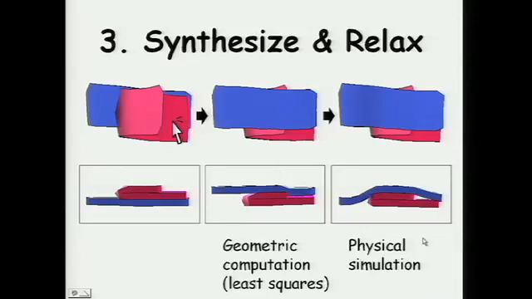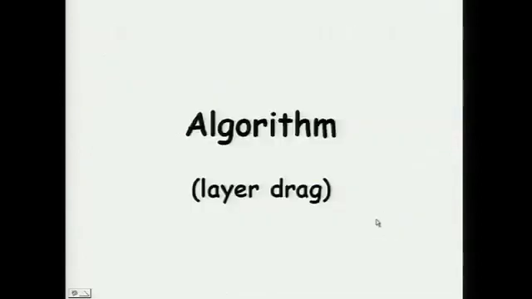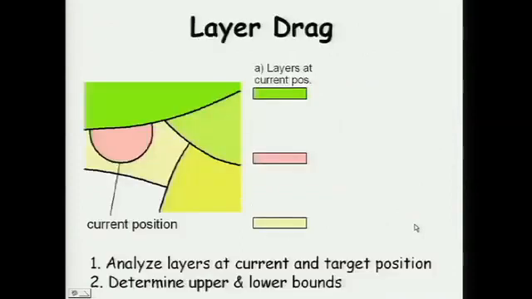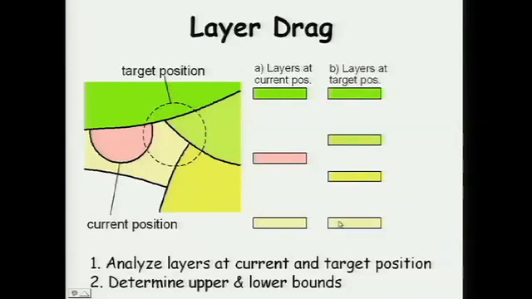And layer drag is much simpler. You have a current location, and you analyze the layer structure: green on top, then red, and yellow. Then you analyze the layer structure at the target location, and between the before and after positions, you establish correspondence. These two are connected.